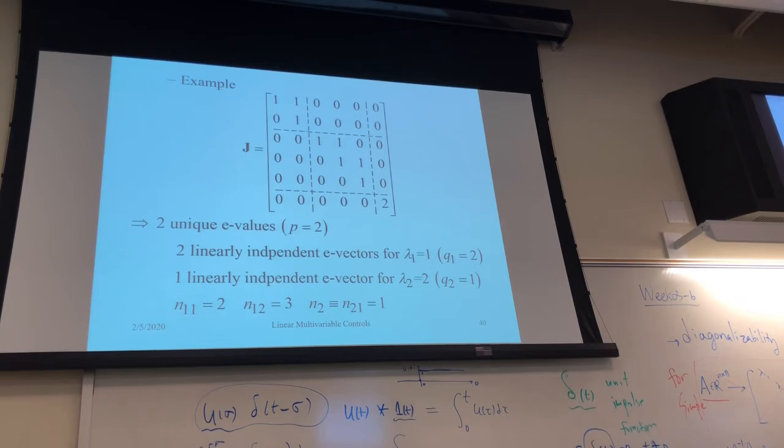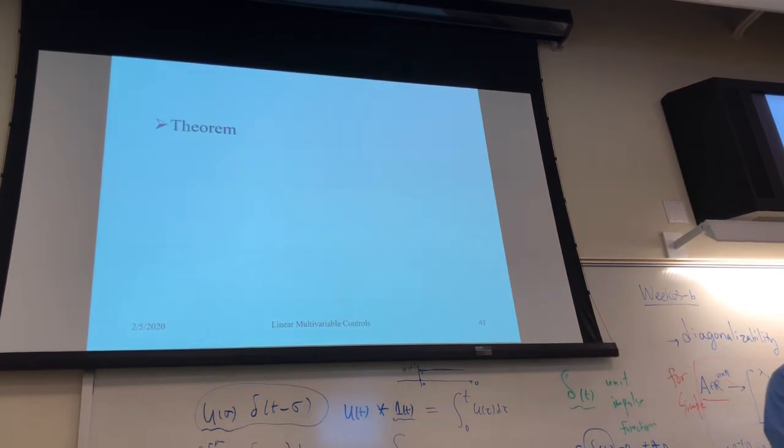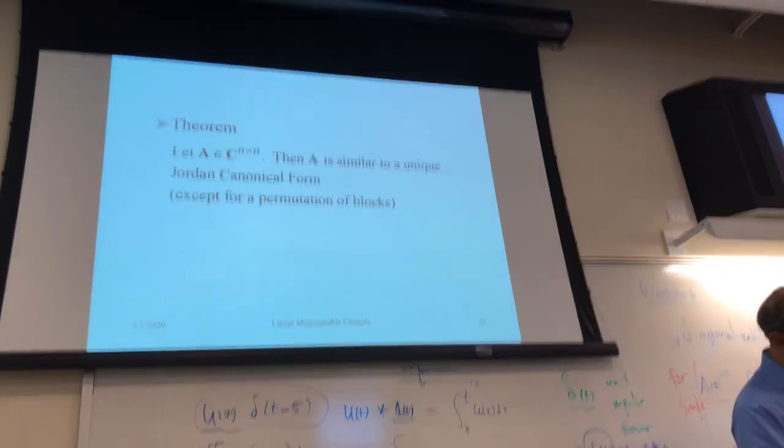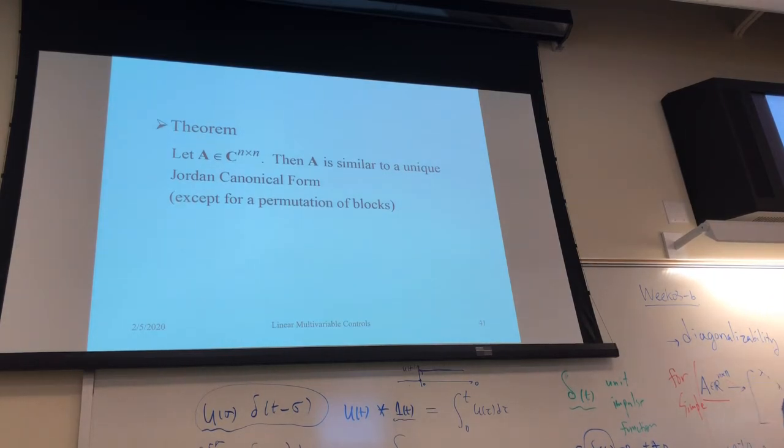But why does this matter to our linear system theory here? That's what I'm going to show you. If A is an n by n matrix, then we can write A as similar to a unique Jordan canonical form, except for a permutation of blocks.